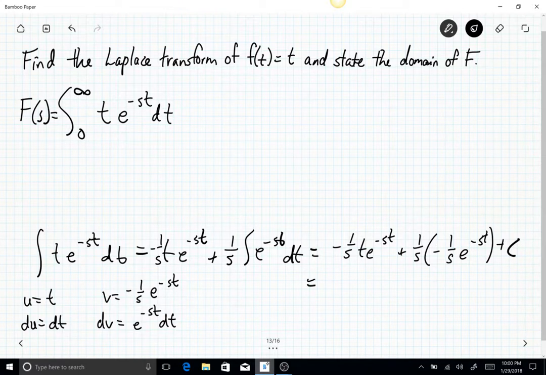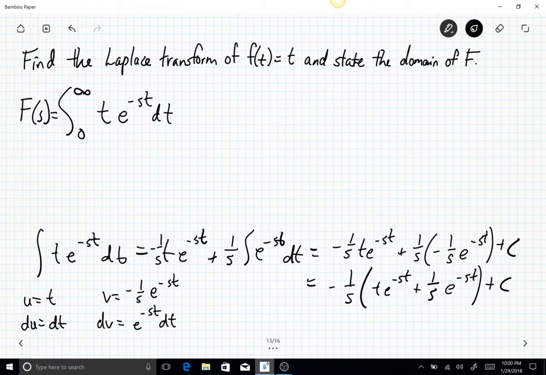So this thing equals negative 1 over s, and notice I can factor that out from both terms. I get t e to the negative st, and then plus 1 over s e to the negative st, plus c. And you might ask why I didn't factor out the e to the negative st in the second term. It's because we're going to need to do something special when we take that limit with the t. Well, actually, no, we can do that.